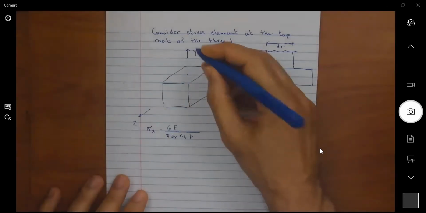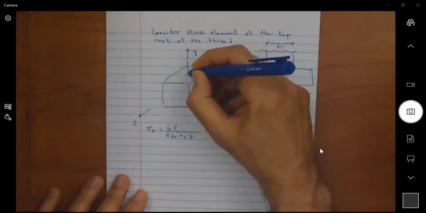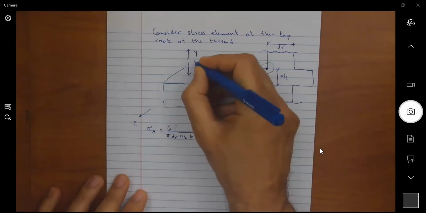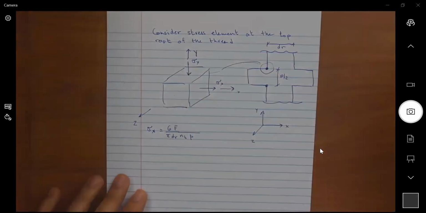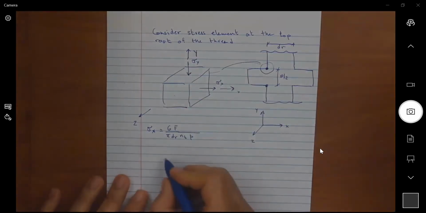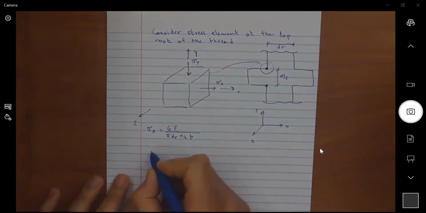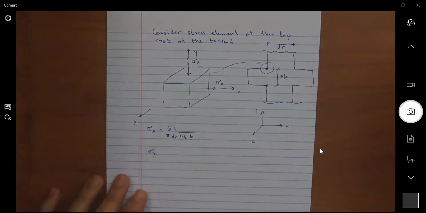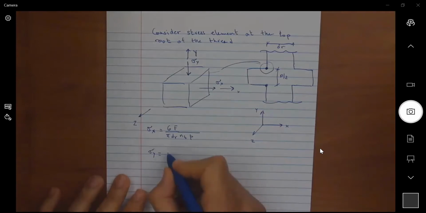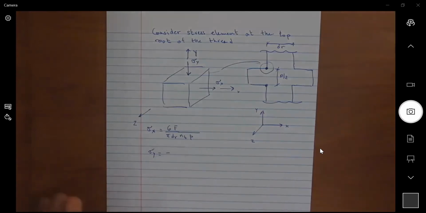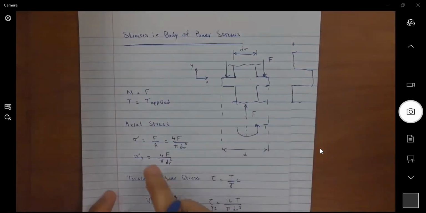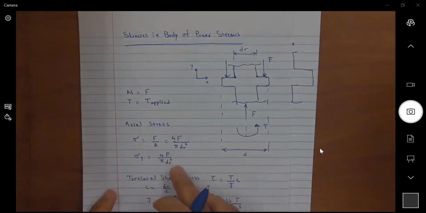In the y direction, I have this stress that is compressive, as you can see, sigma y. And this is the axial stress in the body of the screw. We got 4F divided by pi dr squared.